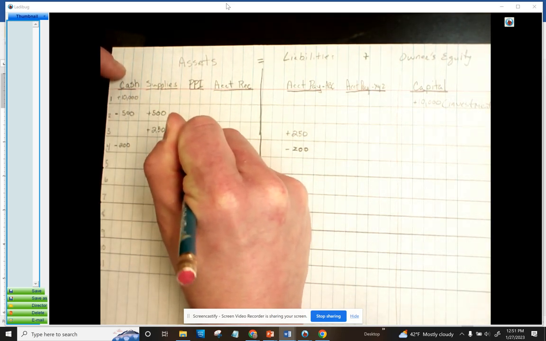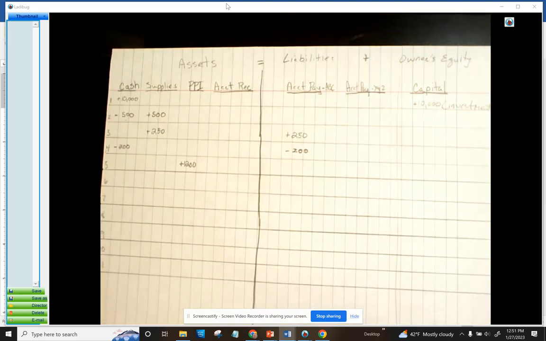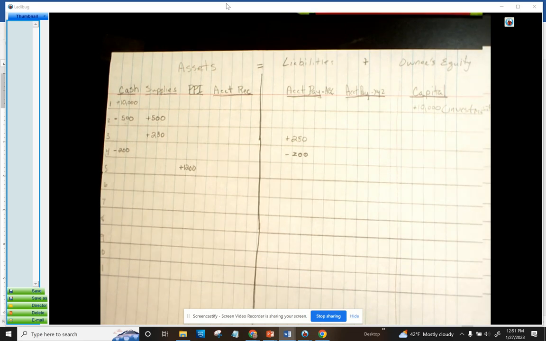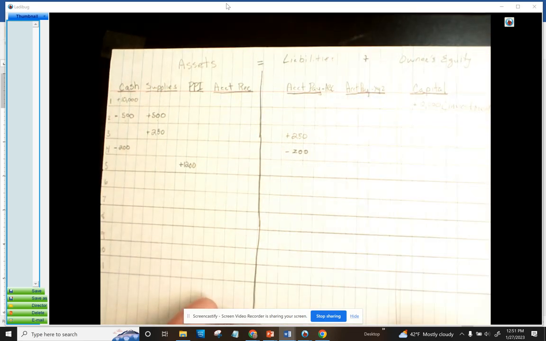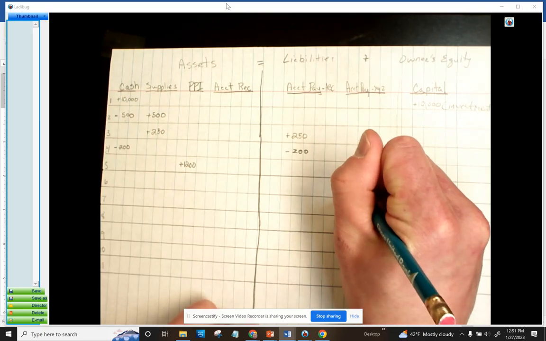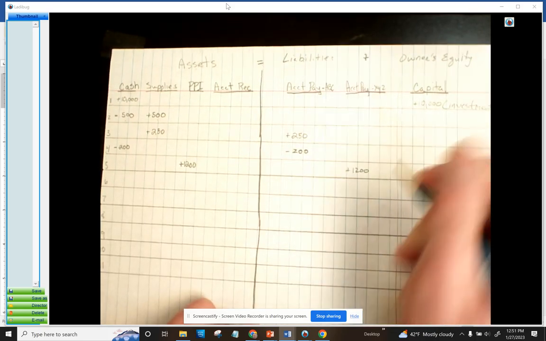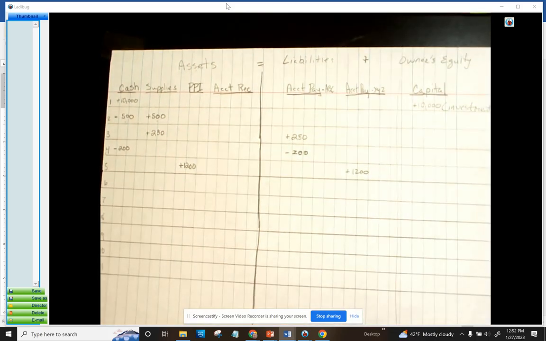Plus $1,200 here. We bought insurance, and we bought it on account. And we bought it from, let's say, this XYZ company, accounts payable XYZ. So we owe them $1,200. We haven't paid them yet, but we will cut a check to them, and once we do that, we'd make our cash go down, and then we'd make our accounts payable go down.